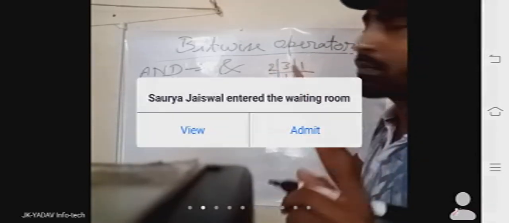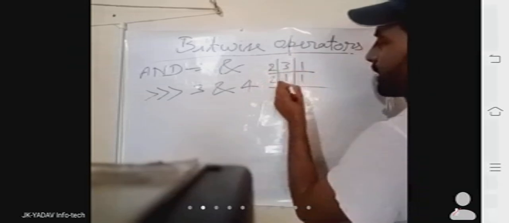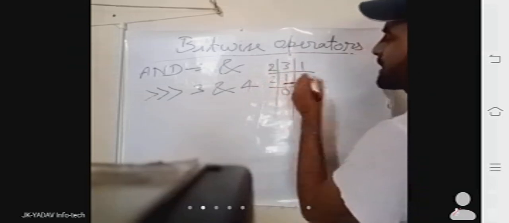If you subtract 3 minus 2, the remainder left is 1. Now again 1 is there, so again divide 1 by 2. It will not be divided, but you can take it 0 times. 2 zeros are 0 and the remainder again is left as 1.